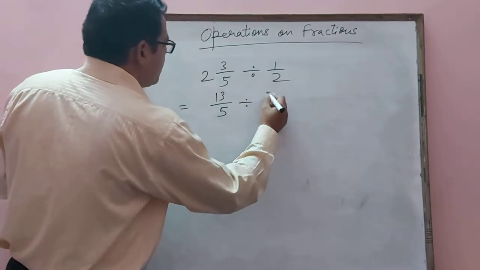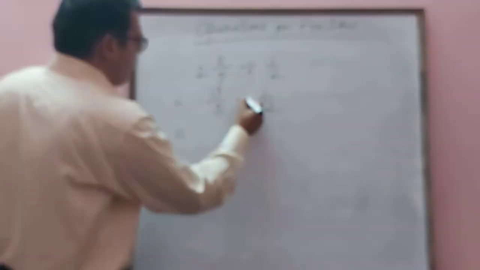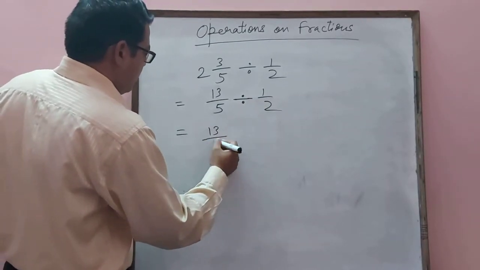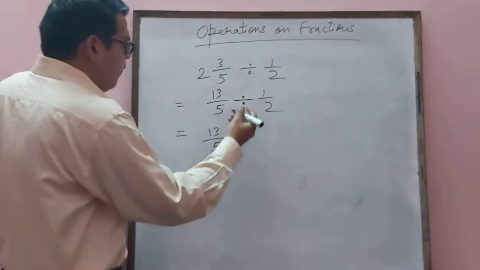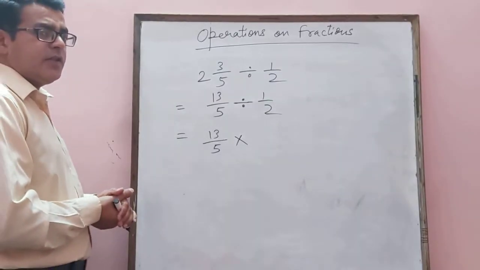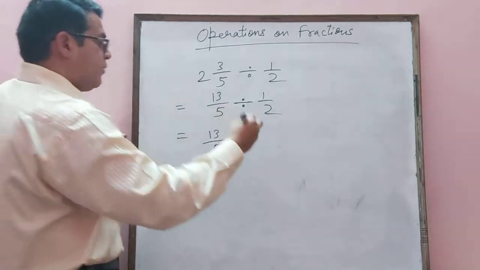Now here is 1 by 2. Now you have to use the procedure we have already been using. So we can write multiplication instead of division, and we have to take the reciprocal of 1 by 2. What is the reciprocal of 1 by 2?